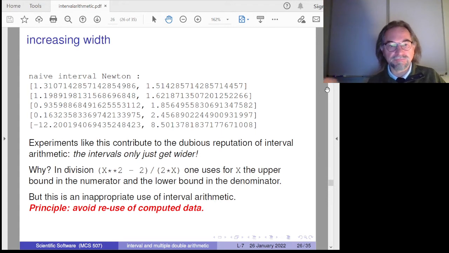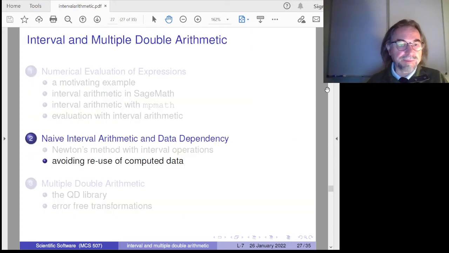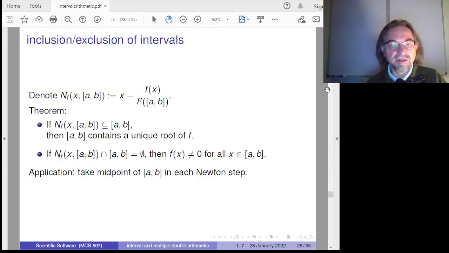In general they can be, but if you see a division like this, you should not do it like that. The x in the numerator is the same as the x in the denominator. Okay, so there is a principle there which I will apply here.